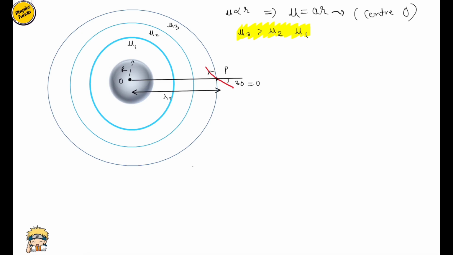So I can see that the laser beam is trying to propagate from a denser medium to a rarer medium.